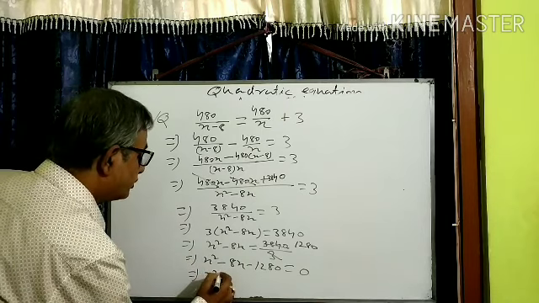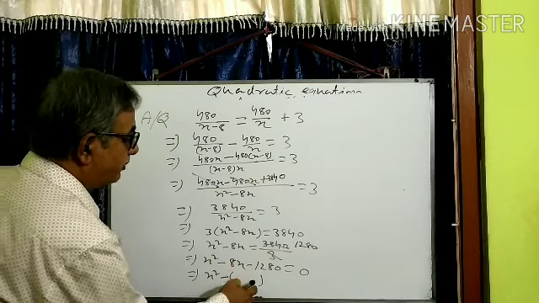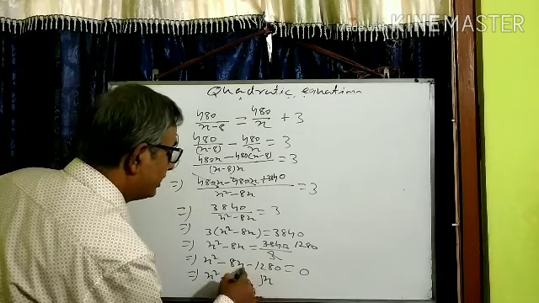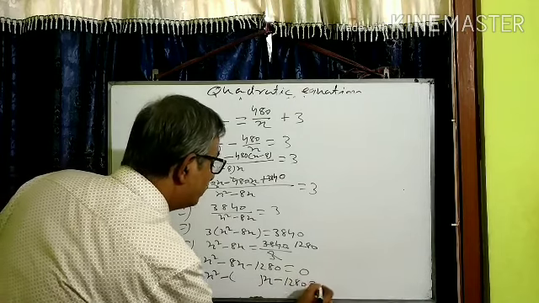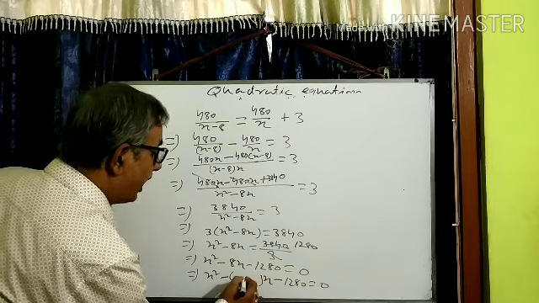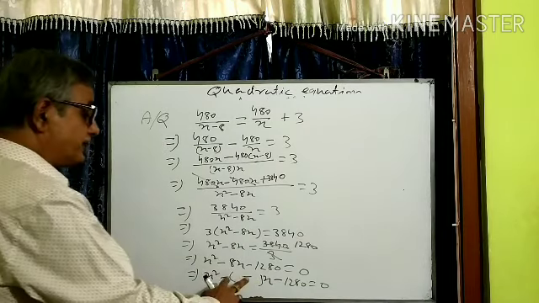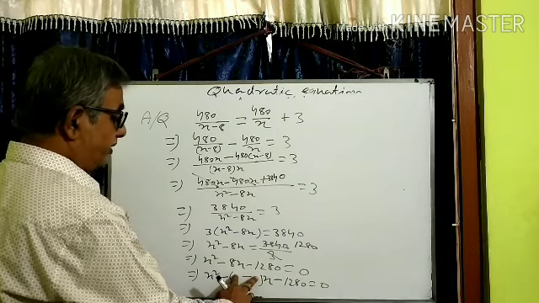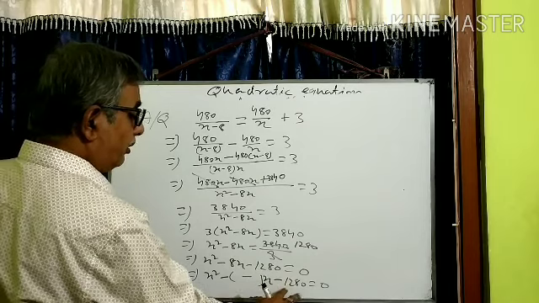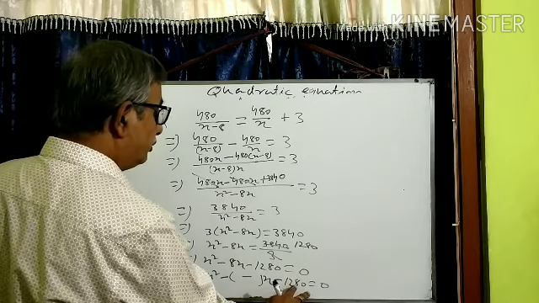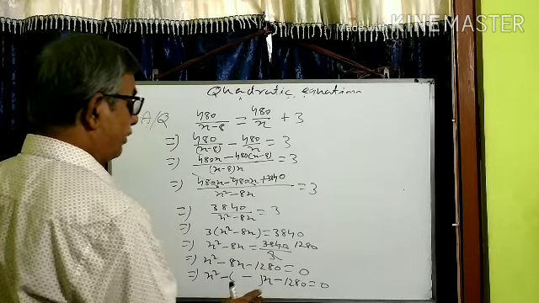So x square minus 8x minus 1280 is equal to 0. Write two numbers in such a way that their difference is 8 but their multiplication is 1280.